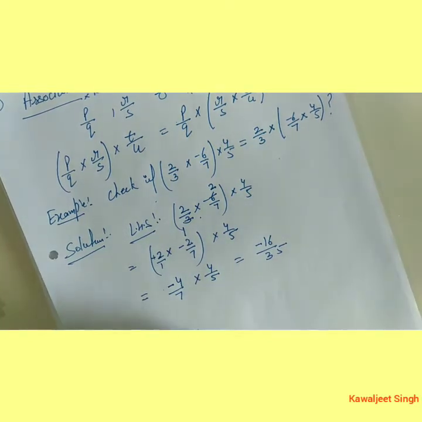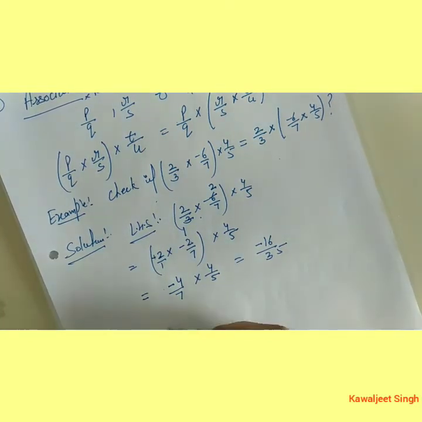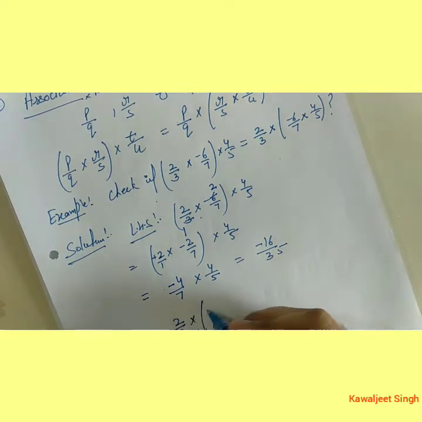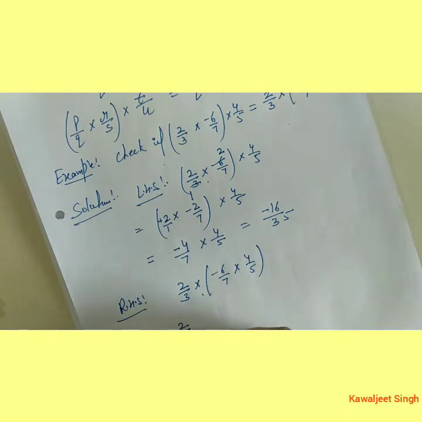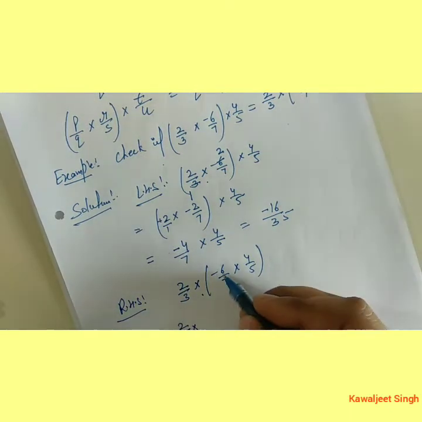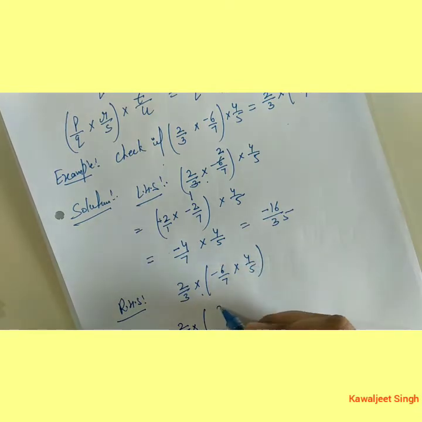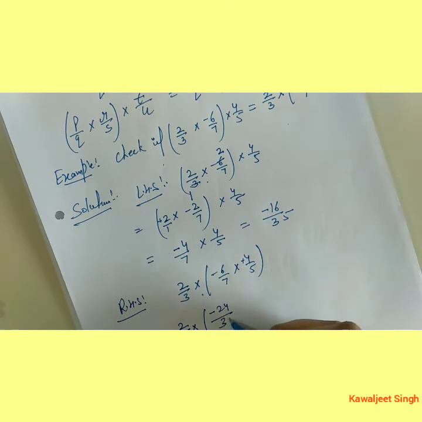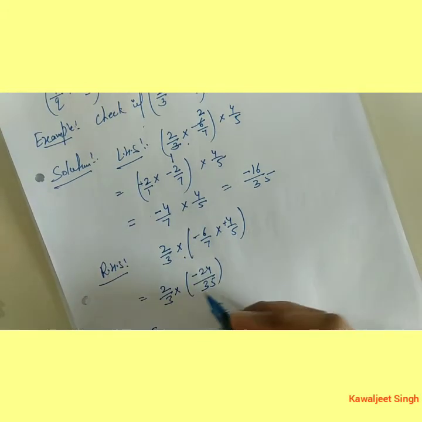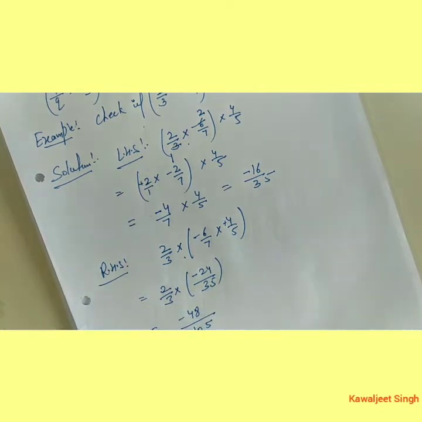Now take right hand side, 2 by 3 multiplied with minus 6 by 7 into 4 by 5. Solve this, 2 by 3 into the bracket portion, 6 4s are 24, but minus plus becomes minus upon 35. Now solve this again, 2 24s are minus 48 upon 35 3s are 3 5s are 15, 105. Now check, does it cancel by any table?